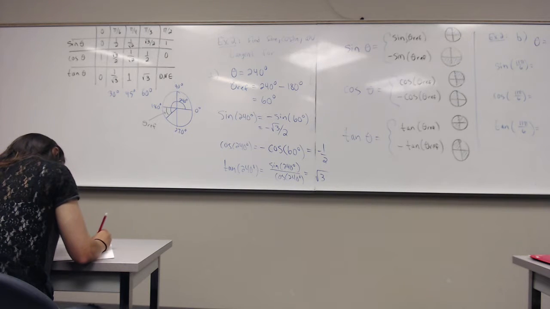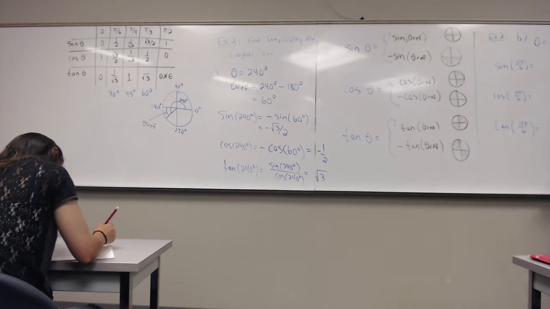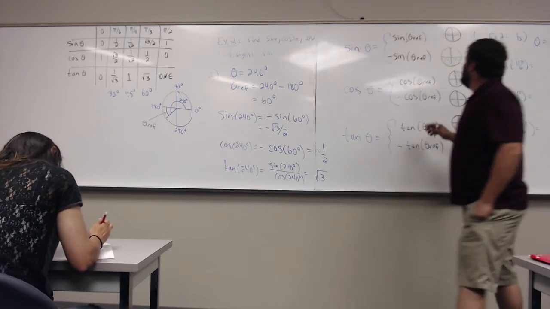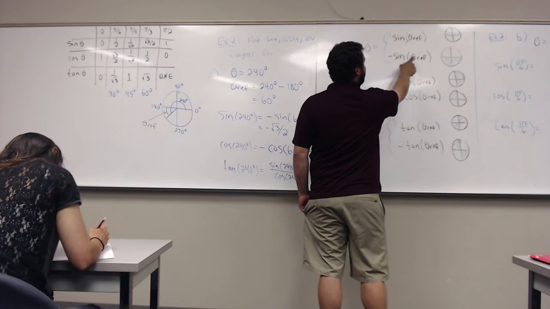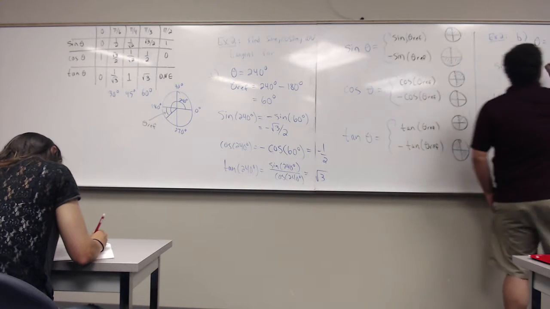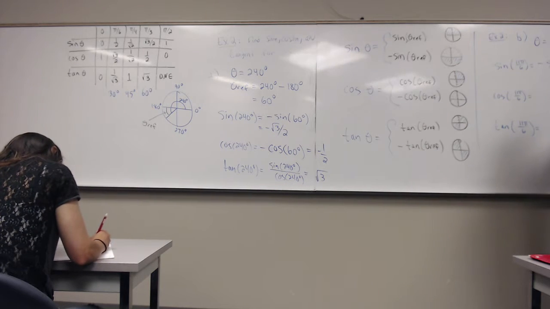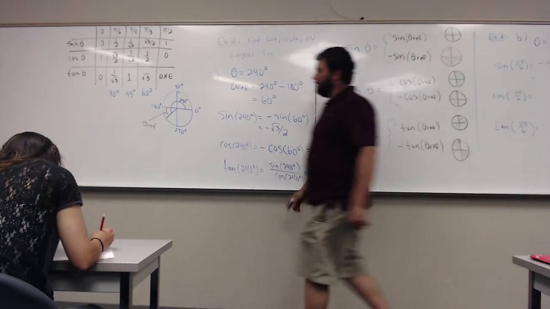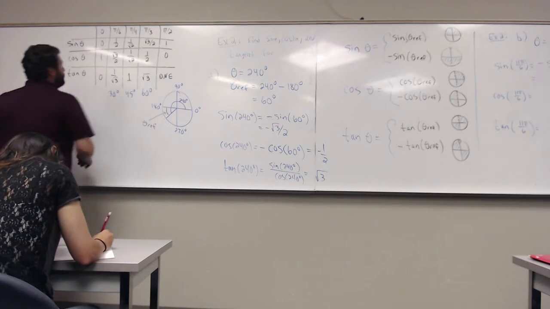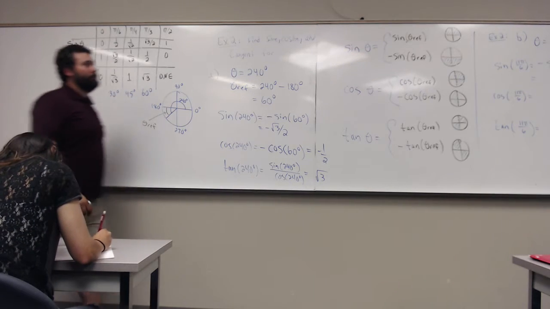Our angle's in the 4th quadrant. If your angle's in the 3rd or 4th quadrant, sine of an angle is minus sine of the reference angle. So you get minus sine of the reference angle pi over 6, and sine of pi over 6 is 1/2.